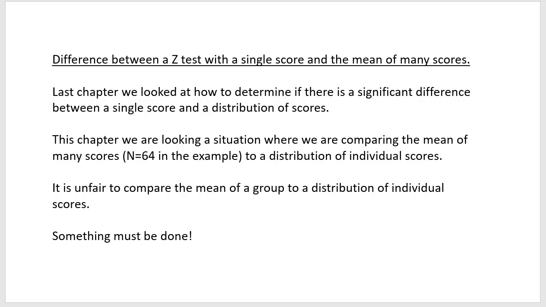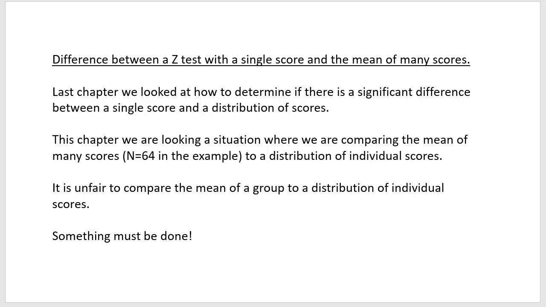Now, if we had the average of 64 scores, it would be very unlikely for that average to find itself in the 5% most extreme scores based on our population. Because if we had 64 scores, they would all have to be very extreme in order for those 64 scores to average a score that would be extreme enough to be in the top 5% of all the scores.